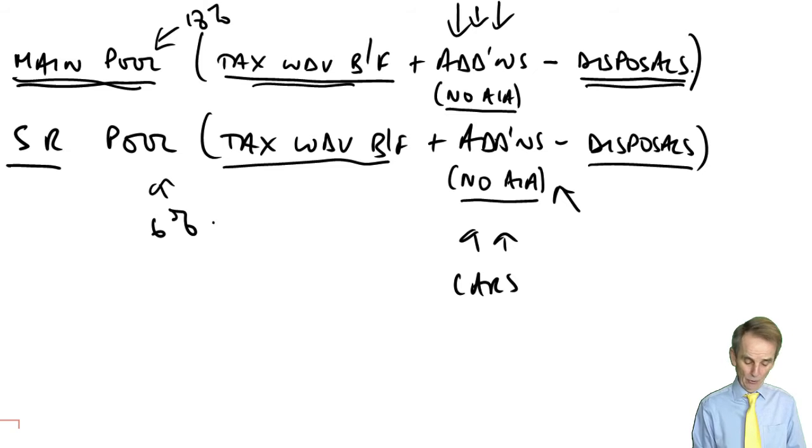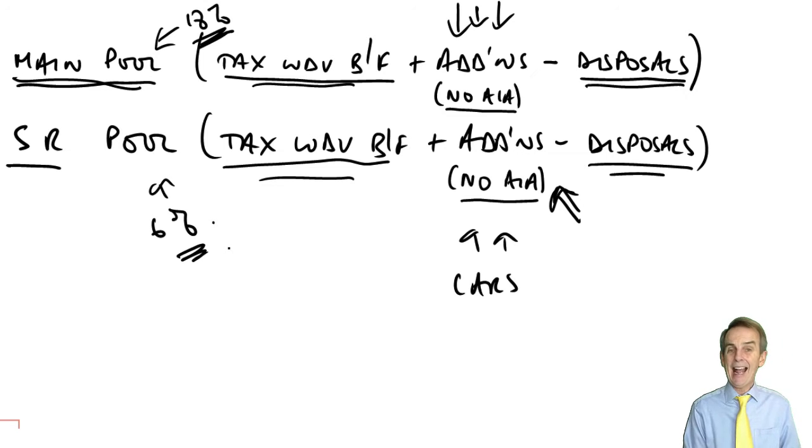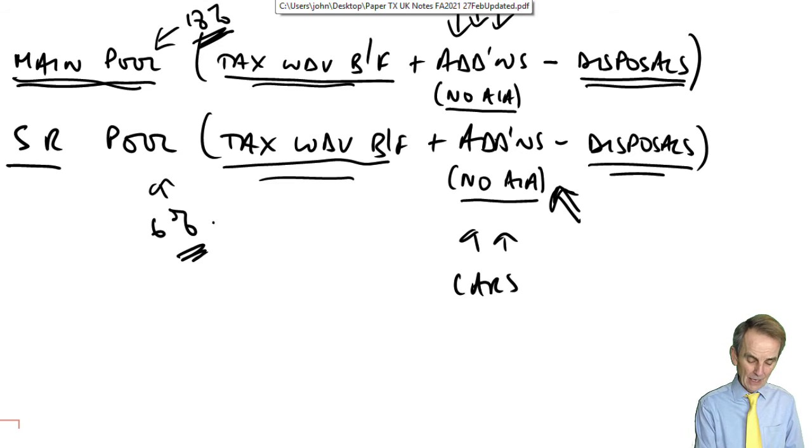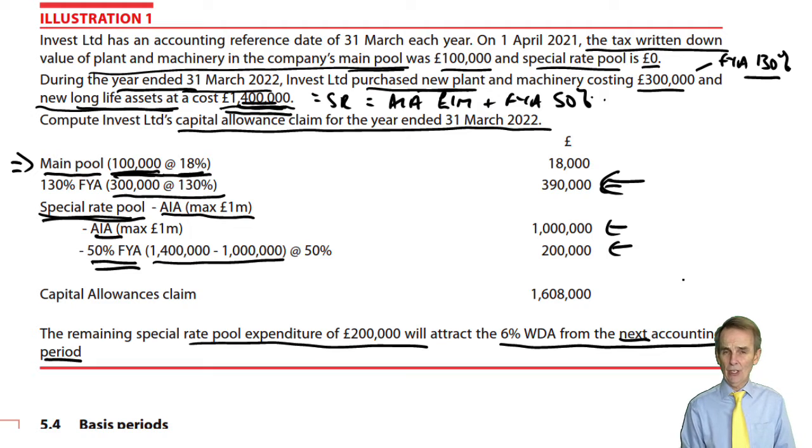The special rate pool, again, tax written down value brought forward, add in, if there were any of those higher CO2 emission cars, take out your proceeds, get your balance there on at the end of the period, and take your relevant either 18% or 6% annual writing down allowance. Again, of course, watch out if the accounting period is a short one, i.e. less than 12 months. So we've got, therefore, some significant changes in relation to capital allowances.